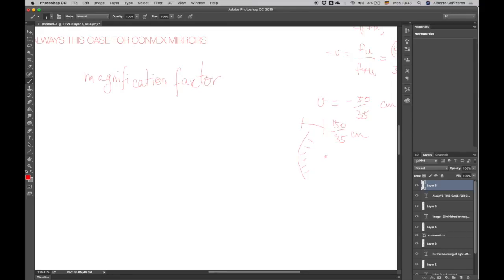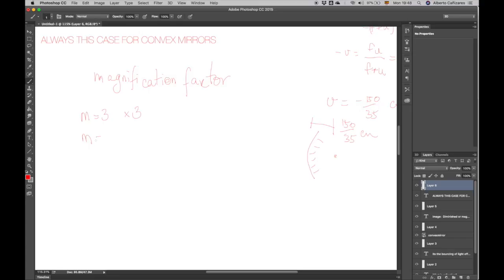right? So what this really tells you is that if the magnification is bigger than 1, it's basically like multiplying the object by something. So if the magnification factor is equal to 3, then the image is 3 times bigger than the object, so you call it magnified. If you multiply something by 1, the image is exactly the same.